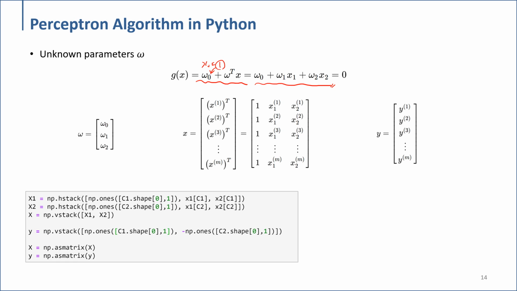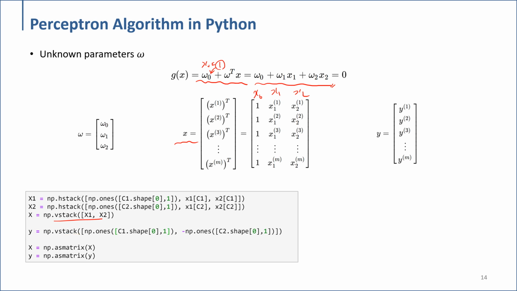So x is nothing but horizontally stacking x naught, x1 and x2, and y stays exactly the same.